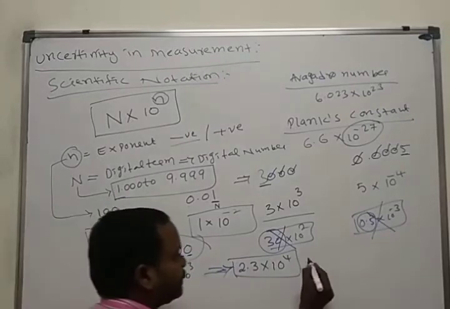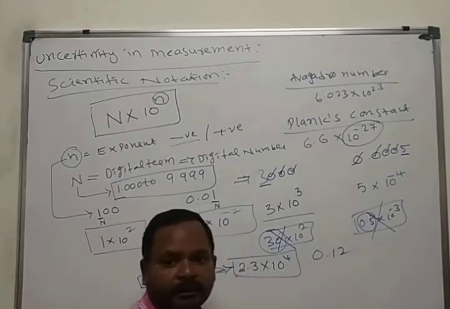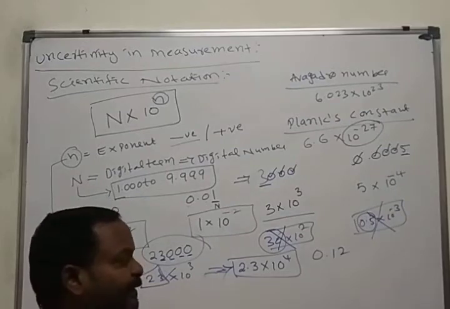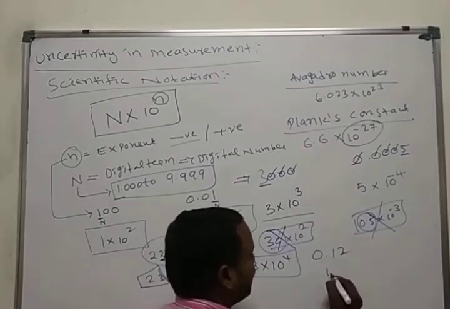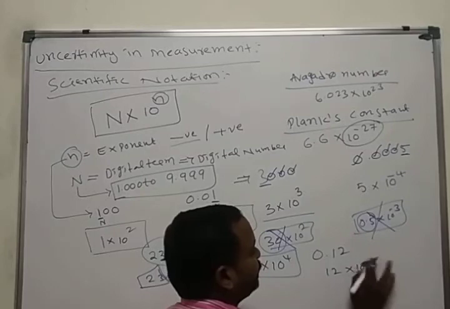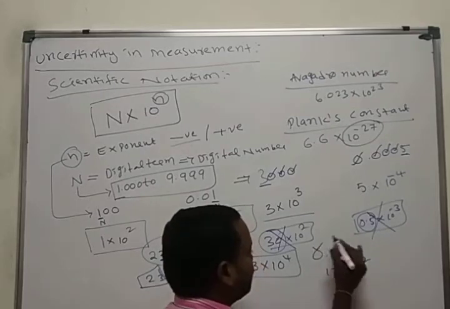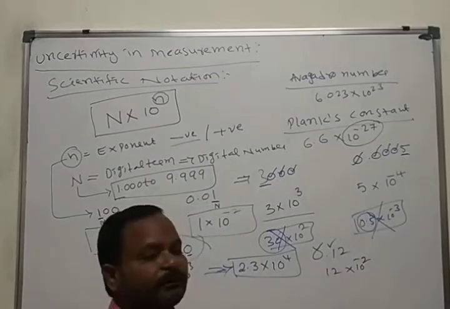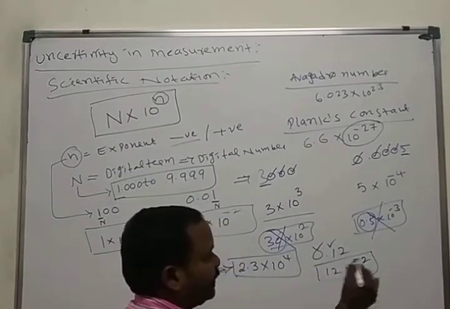For example, 0.12 is there. How will you write 0.12? Would you write 12 into 10 to the power of minus 2? Here 1, and here 1, 2. So 12 into 10 to the power of minus 2.